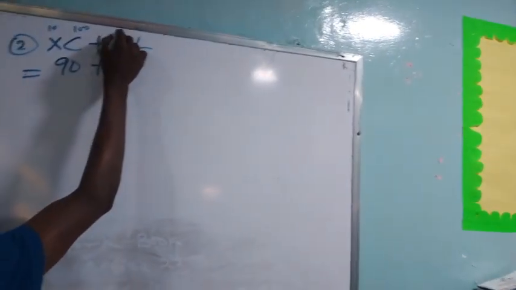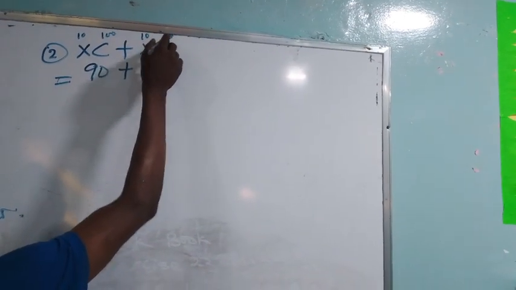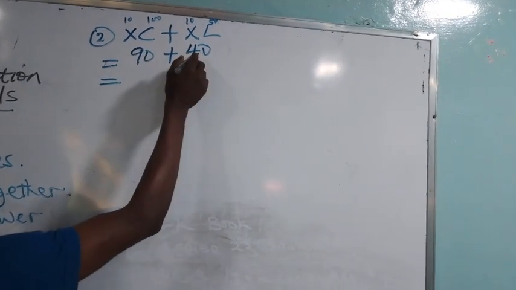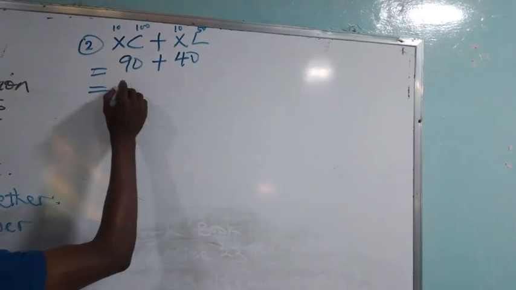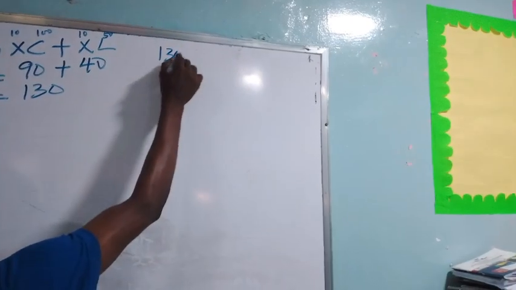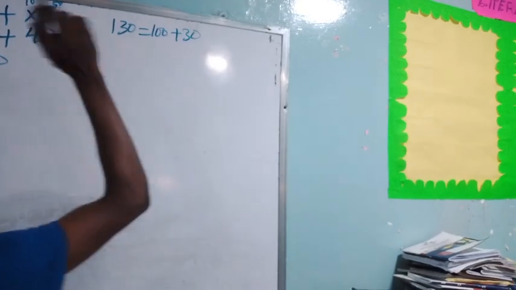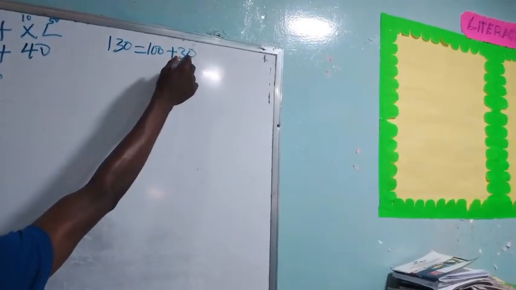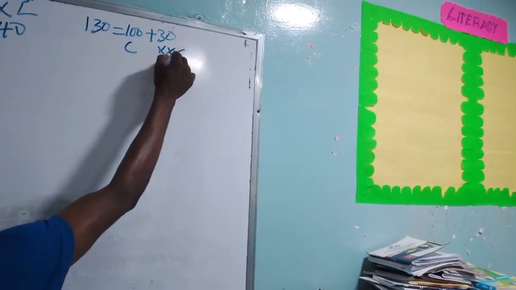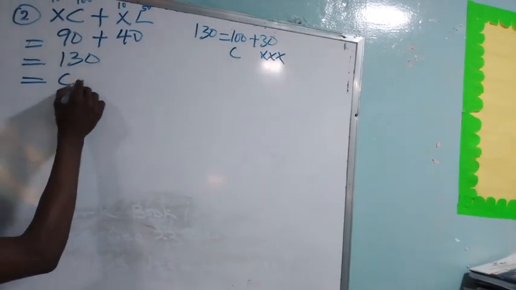XL, X is 10 and L is 50. Take away 10 from 50 will give us 40. So 90 plus 40 will give us 130. And 130 is equal to 100 plus 30. When you expand it, 100 is C and 30 is XXX. So when you bring the two together, you have CXXX.